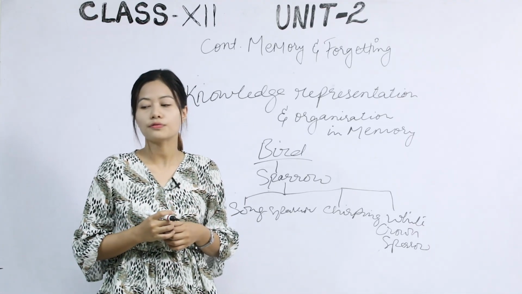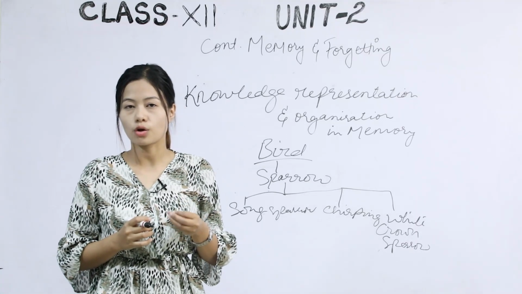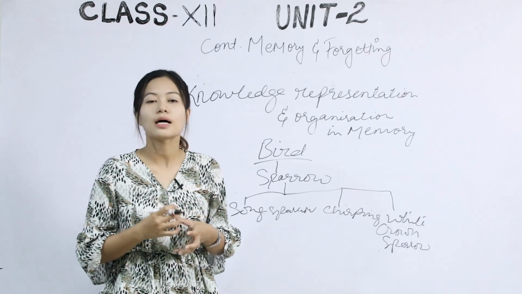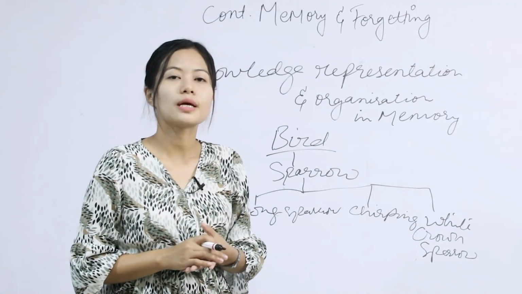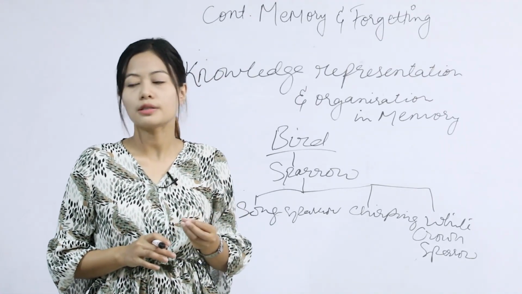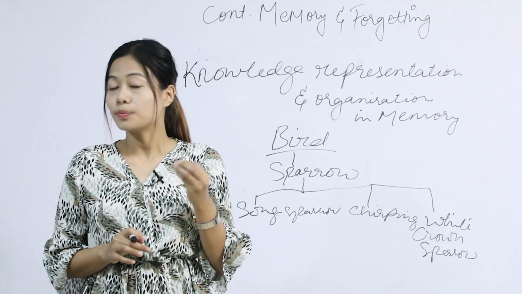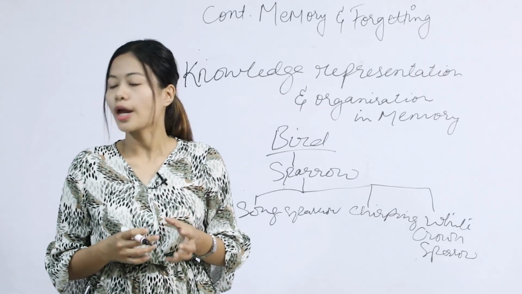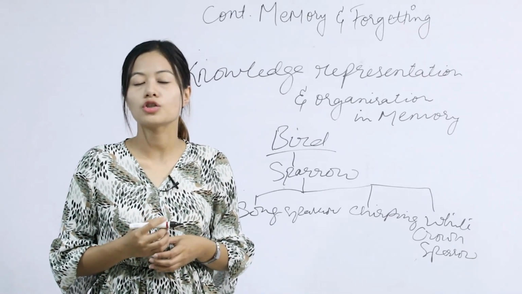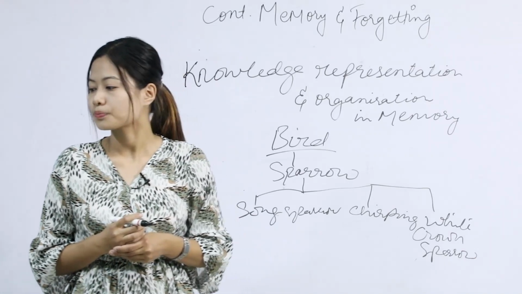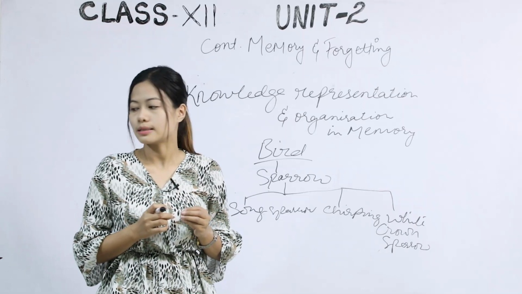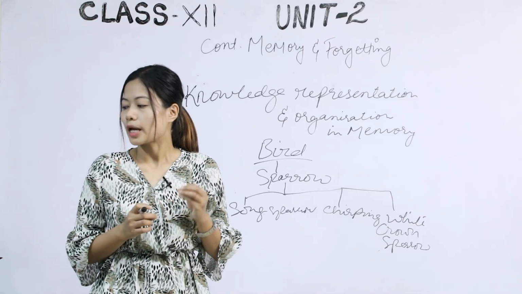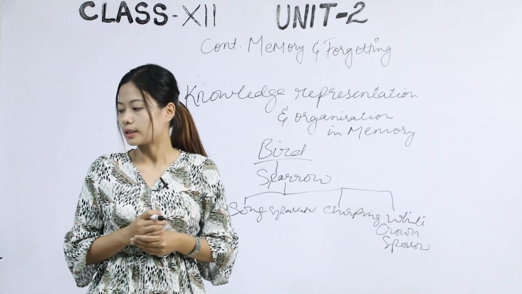Schema is a mental framework of representation of knowledge and assumptions about the world that exists. This is the basic level at which our knowledge is represented and at which concepts are organized.